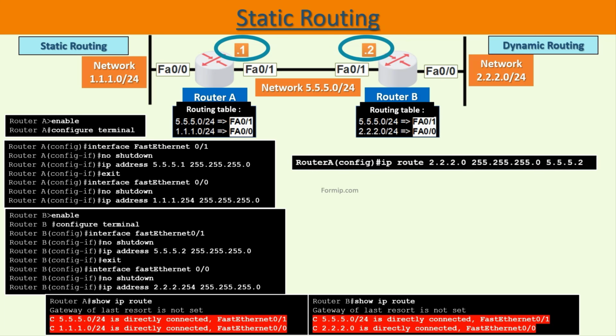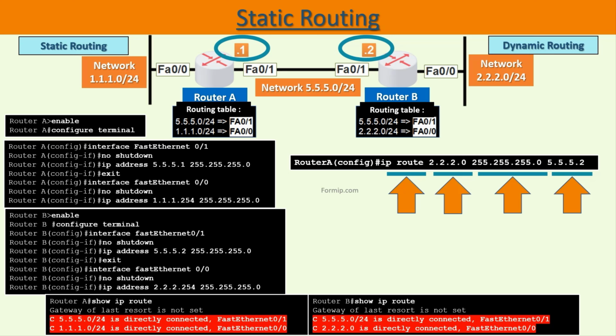That's why we're going to create a static route that tells router A how to reach the network behind router B. The ip route command creates a static route. Network 222.0 is the network we want to reach from router A. The address 255.255.255.0 is the subnet mask of the network you want to reach, and the address 555.2 is what is called the IP address of the next hop.